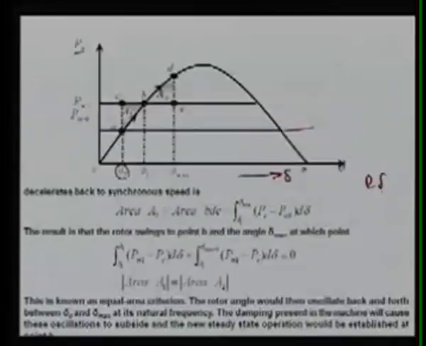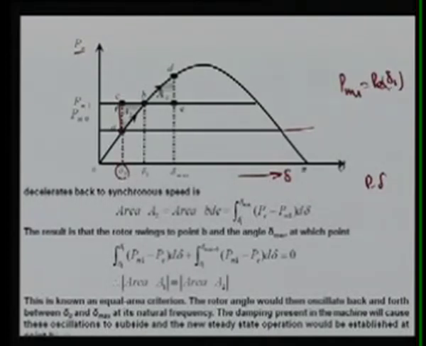Consider a sudden step, where you can see that it is suddenly increased to PM1. Now what will happen? Point B is the post-increase stable point, because at that point PM1 will be equal to P at delta 1.